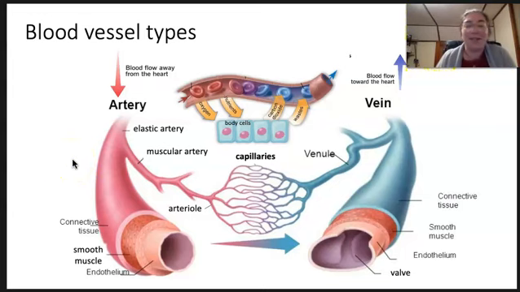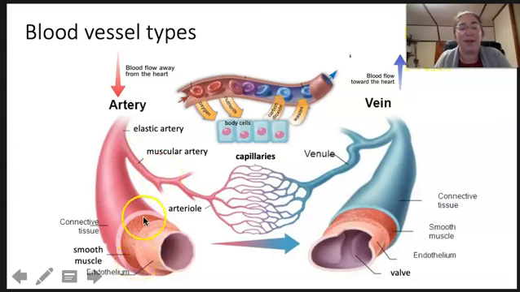It needs to be elastic to be able to withstand the great pressure of that flow. And then as we branch down, the arteries split off the aorta. Many of those arteries are what we call muscular arteries, so they have a relatively thick layer of smooth muscle. Arteries are much more muscular than veins.